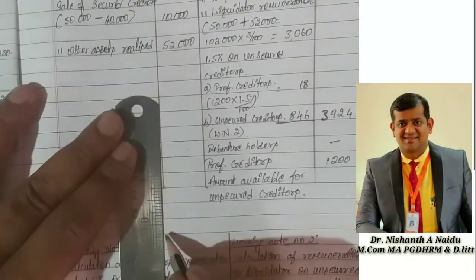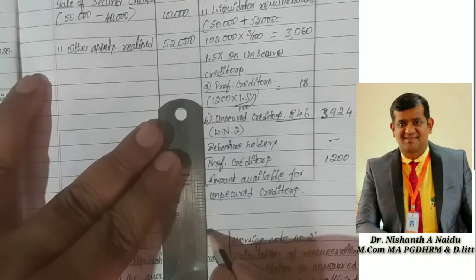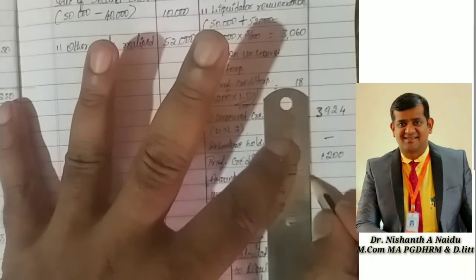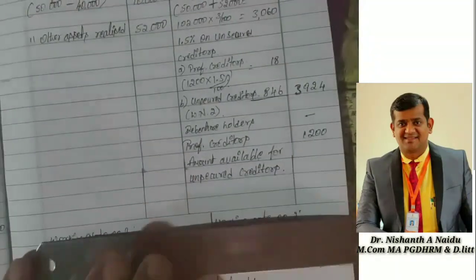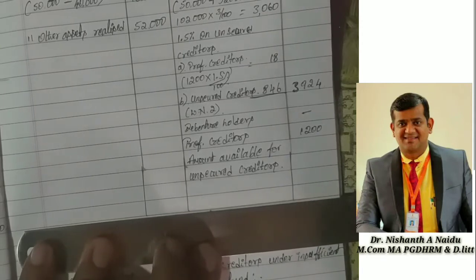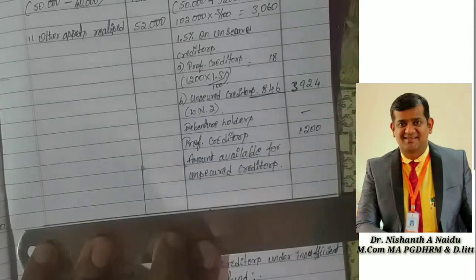So let me total this table now, to identify the amount available to unsecured creditors. I'm closing the table right away. Yes, close the table.